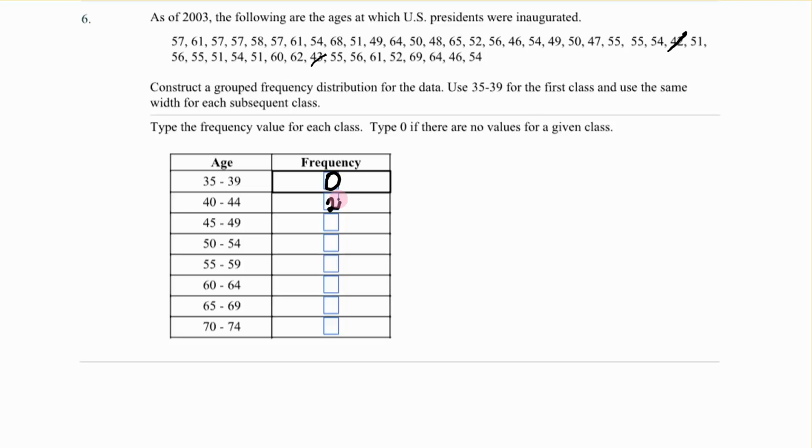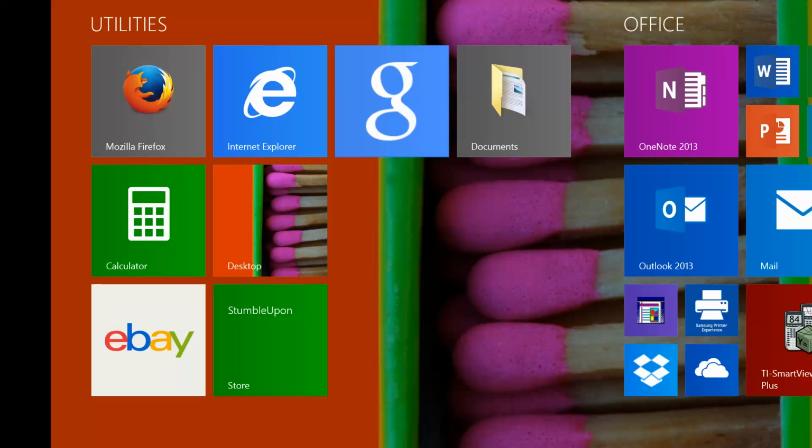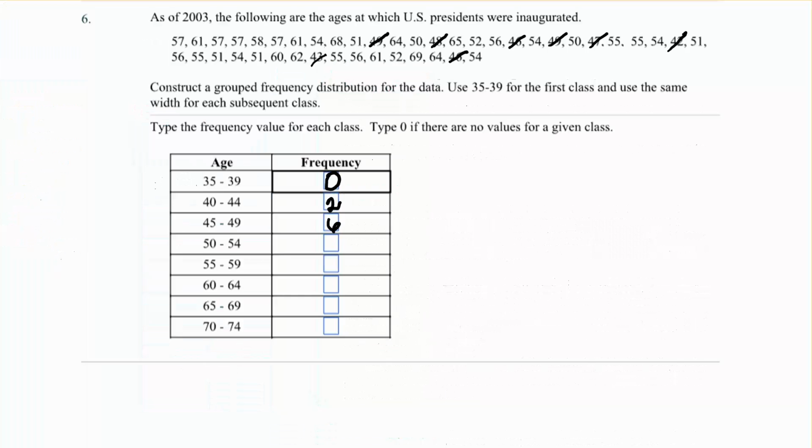45 to 49. 1, 2, 3, 4, 5, 6. 50 to 54. All right, 50 to 54.